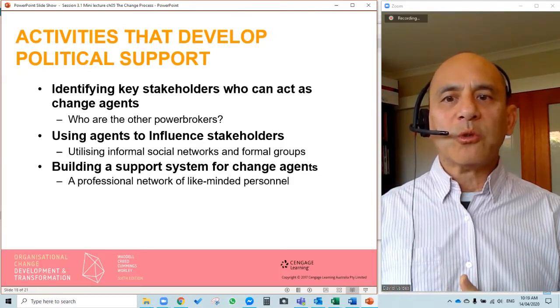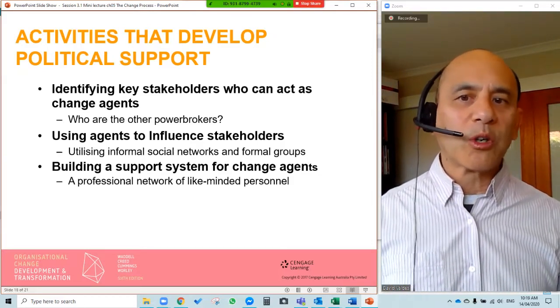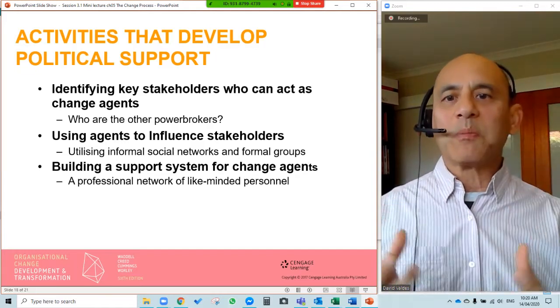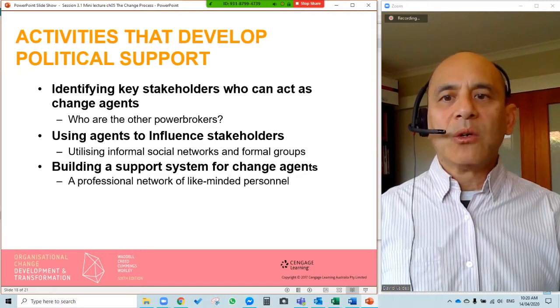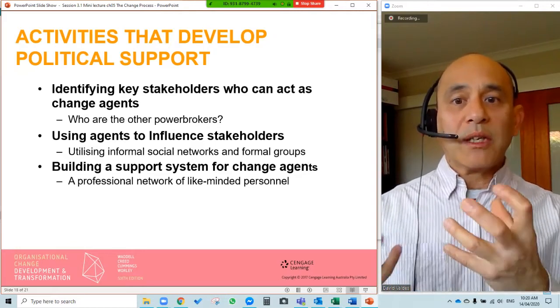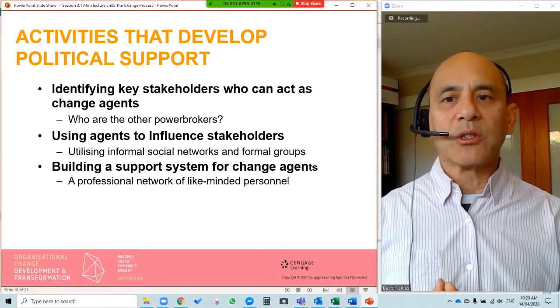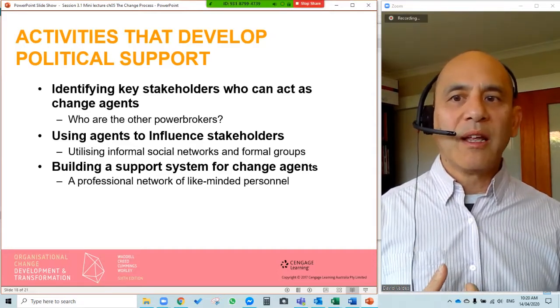So what you try to do is identify power brokers within the organization. These people are the well-respected employees who you can gain on your side to help you implement the change. So this is an example of what we call a change agent.